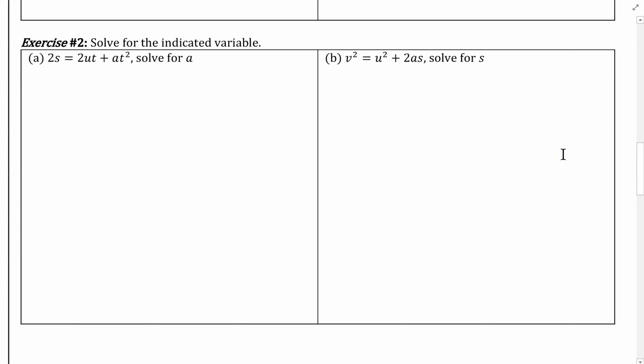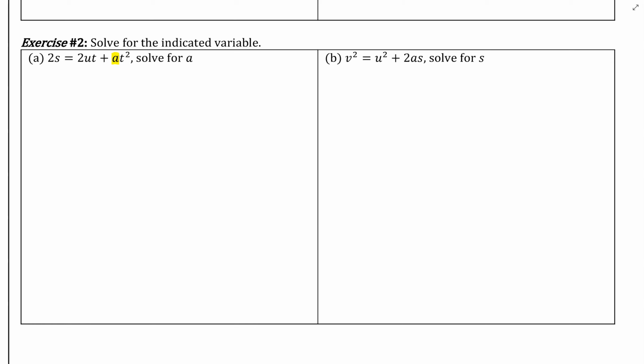In 2a, we have 2s is equal to 2ut plus at squared, and then we are asked to solve for a. So our first step is to highlight the subject that we're asked to solve for. Okay, so now that I've highlighted a, let's go ahead and think about what's happening.